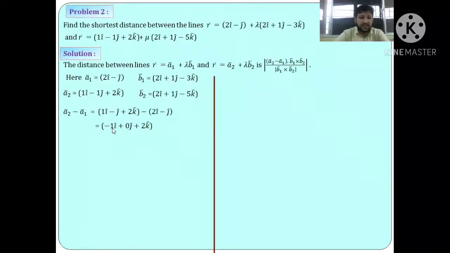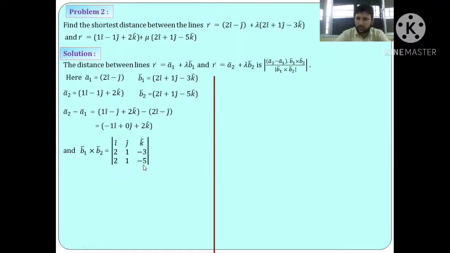After the difference, next we calculate b1 bar cross b2 bar, the vector product, obtained by the determinant technique. The first row has unit vectors i, j, k. The second row has the coefficients of vector b1 bar: 2, 1, minus 3. The third row has the coefficients of b2 bar: 2, 1, minus 5.